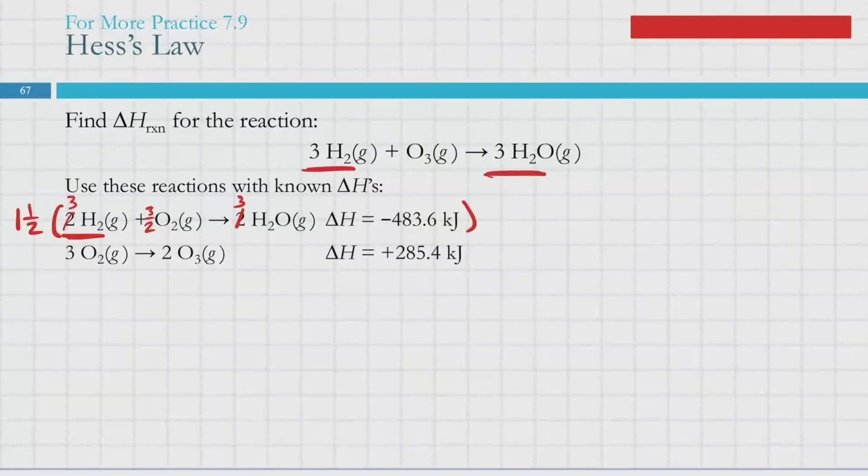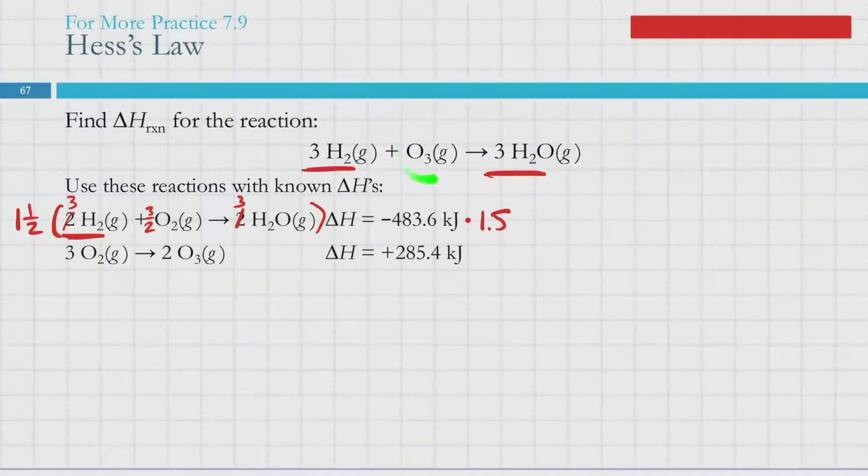So now conveniently, we've got our H2 and our H2O matched up. And the way that that's going to change our delta H is that it's also getting multiplied by 1.5. We didn't do any flipping, just left it as it is, multiplied by 1.5.